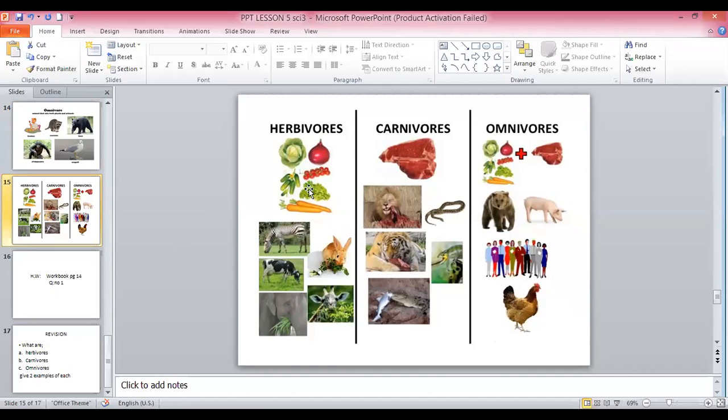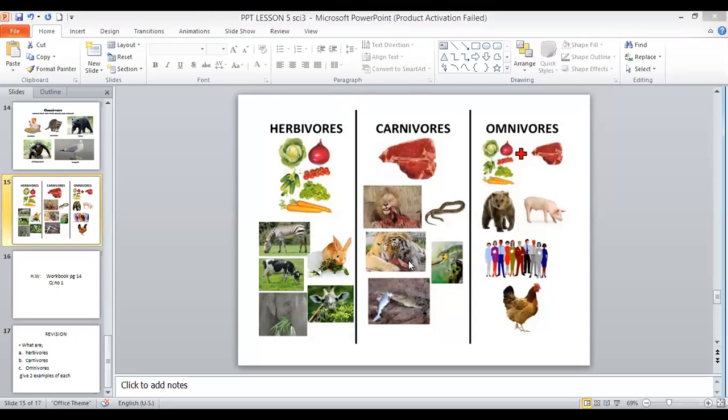Herbivores only eat plants, or you can say veggies, right? So the zebra, the cow, the elephant, giraffe, a rabbit, these all are examples of herbivores. Herbivores are the animals that eat plants. Coming to the next one, carnivores.